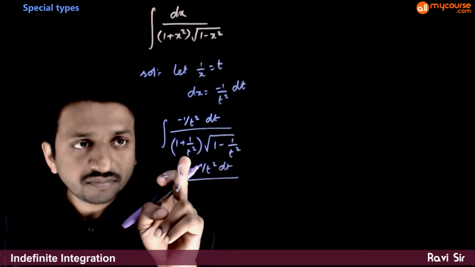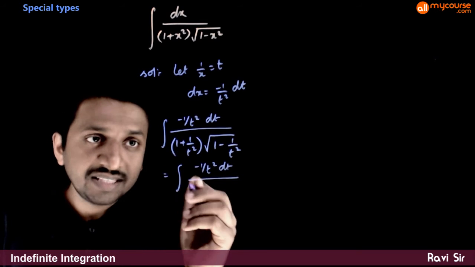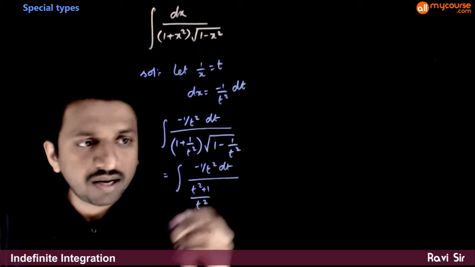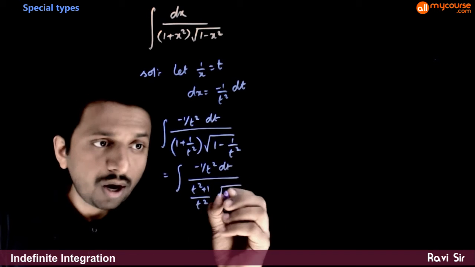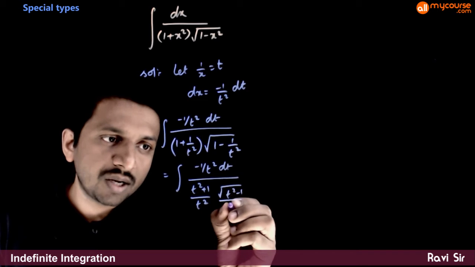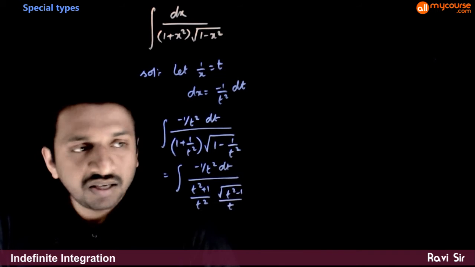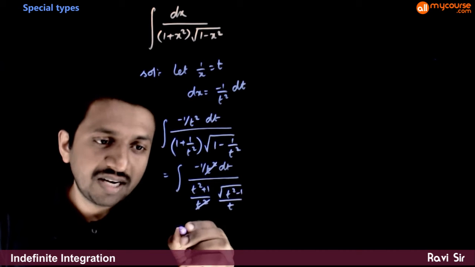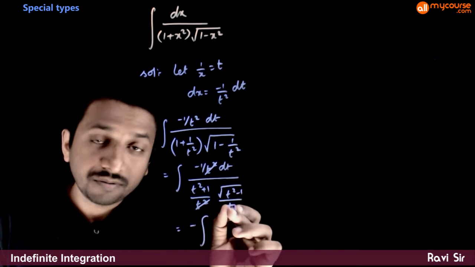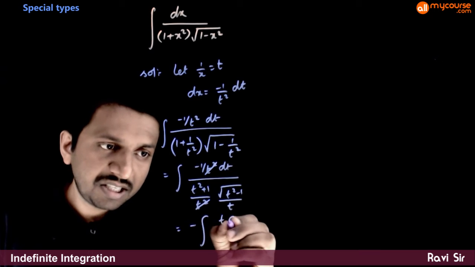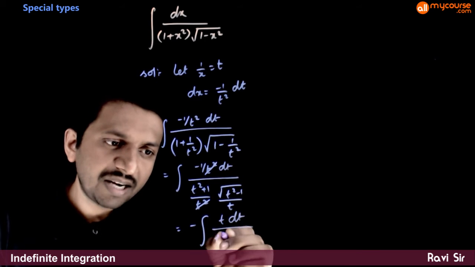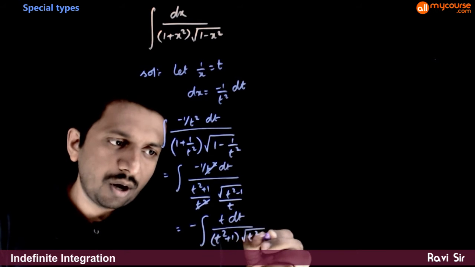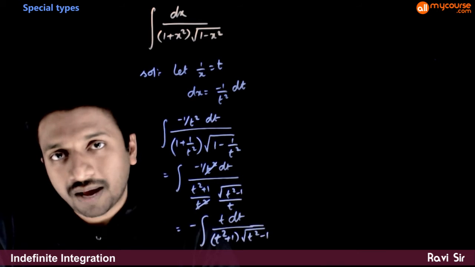But if you take the LCM, you get (t square plus 1) by t square into root of (t square minus 1) by t. So this t square and this t square get cancelled. That is equal to minus integration of t dt by (t square plus 1) times root of (t square minus 1).